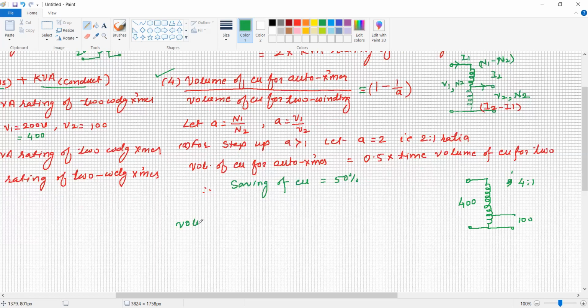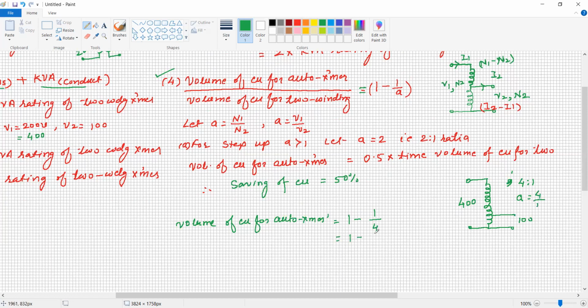So volume of copper for auto transformer is equal to 1 minus 1 upon A. A is equal to, here 4 upon 1, it is 4.